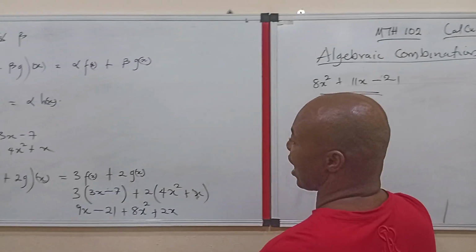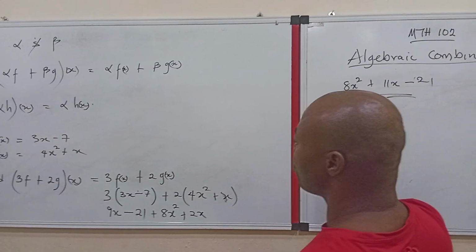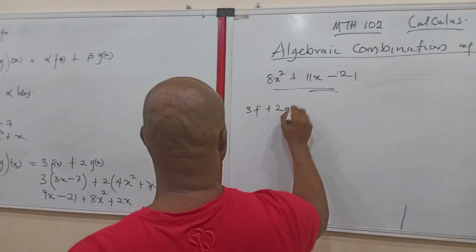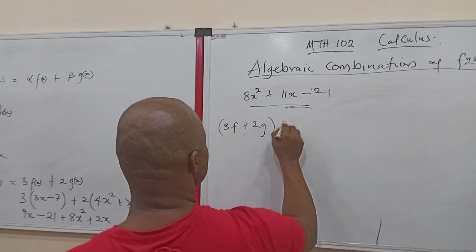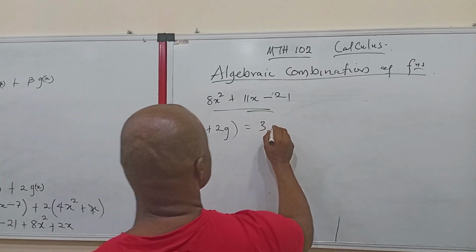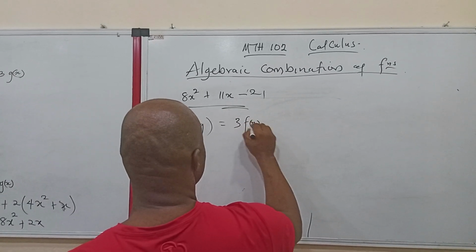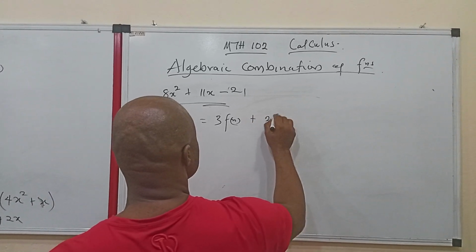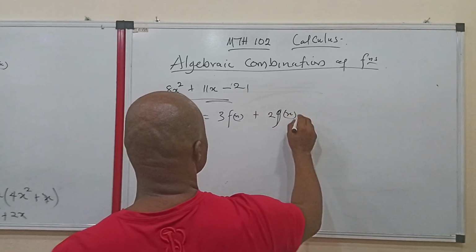So based on what we have, 3f plus 2g is equal to 3f of x plus 2g of x.